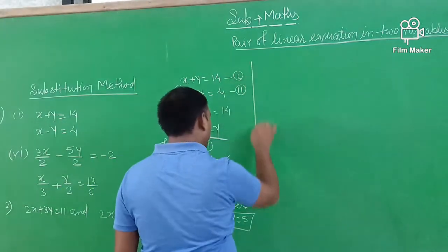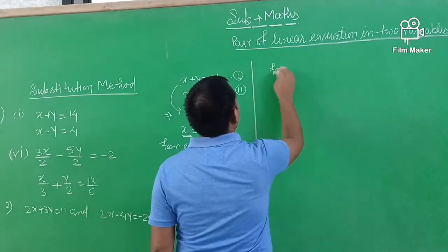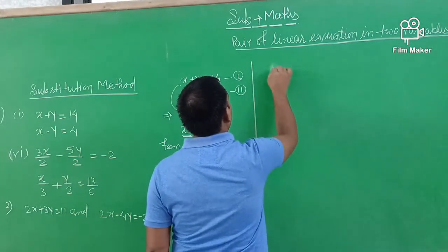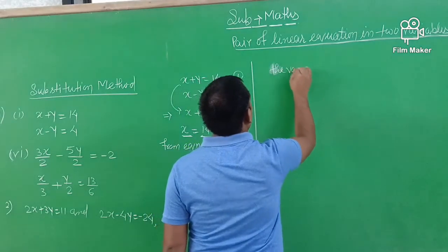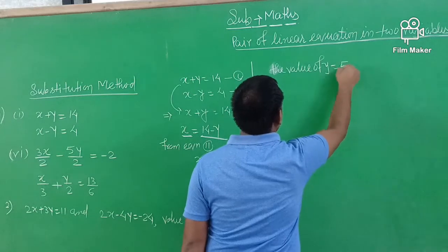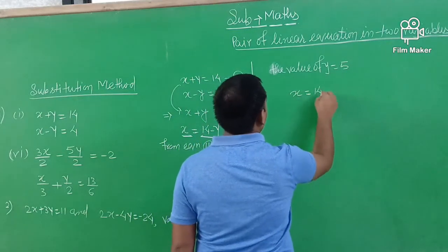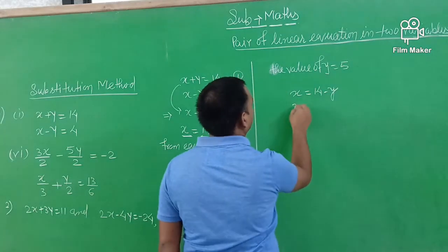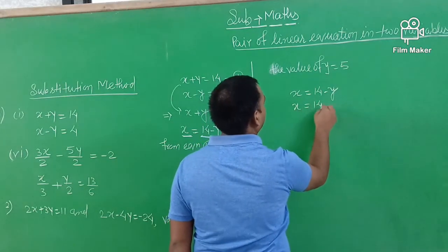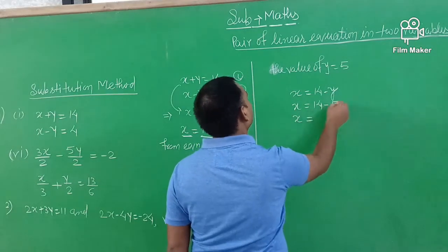This value I put in the equation: the value of y is equal to 5. Then x is equal to 14 minus y, so x is equal to 14 minus 5. So x is equal to 9.